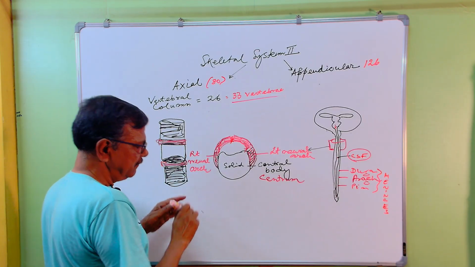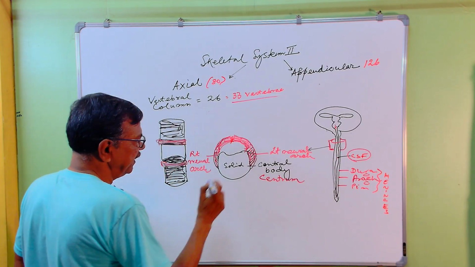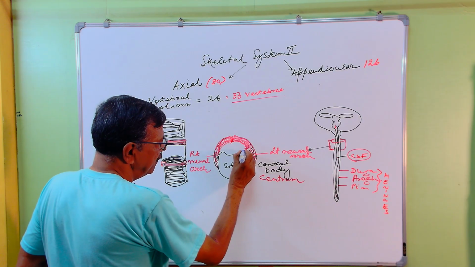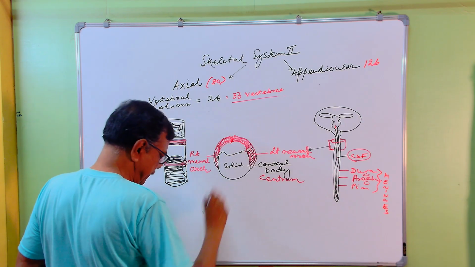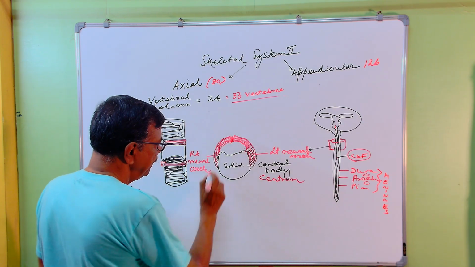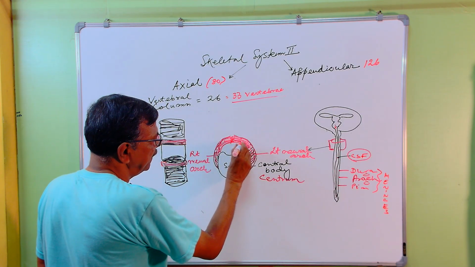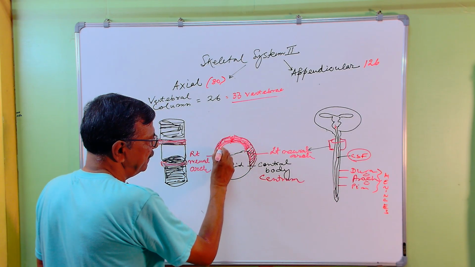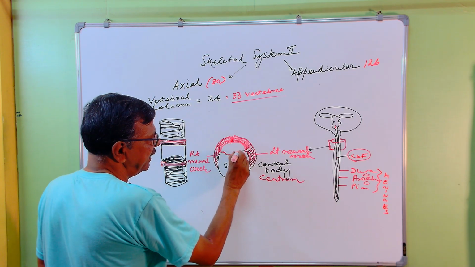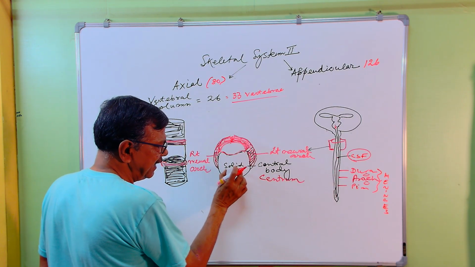So this forms a bony ring here. This is the bony ring, outside the centrum.